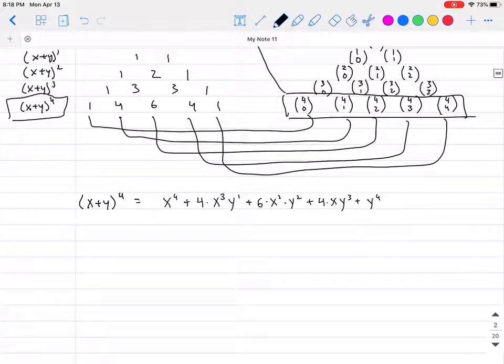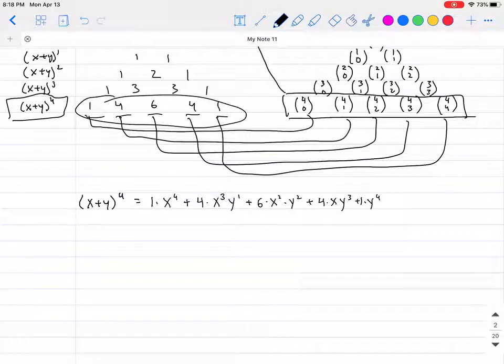Okay? Now, if I wrote this in our n choose k form, you might be able to see a pattern and then solve for what we actually want. Let me first put a 1 in front of the x to the fourth and also a 1 in front of the y to the fourth. According to my Pascal's triangle, the 1, the 4, the 6, the 4, the 1 are located over here, over here, over here, over here, and over here.